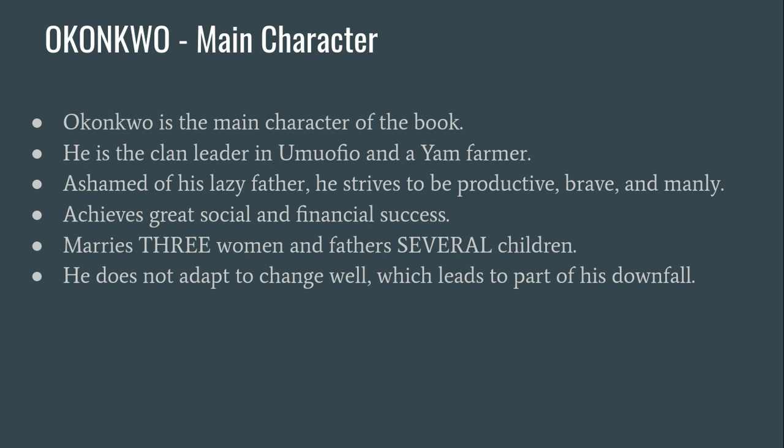It's very hard for someone to tell him what to do, especially once he's become very manly and become this leader. But because he struggles with that, just like we've talked before about the struggle of a tragic hero, his flaw is just that, his ability to adapt to change, and that ultimately helps lead to his downfall.